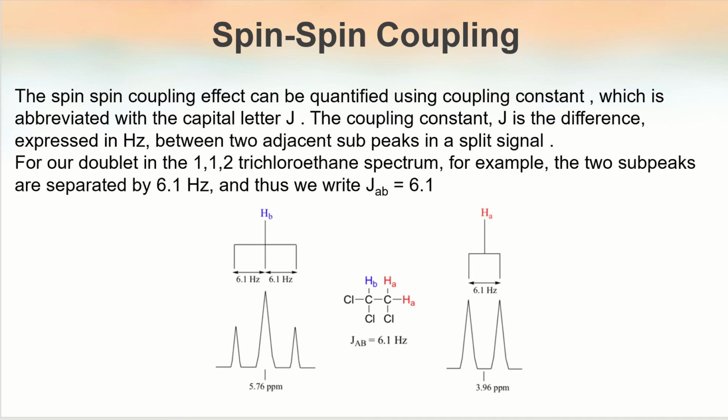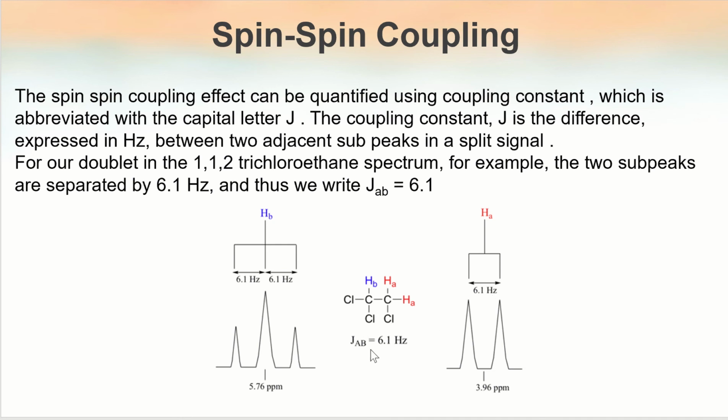Now for our doublet in the 1,1,2-trichloroethane spectrum, for example, the two subpeaks are separated by 6.1 hertz, and thus we write JAB is equal to 6.1. So that J value is literally the difference in hertz between the two peaks here, and in fact when you subtract the two values you get 6.1 hertz.